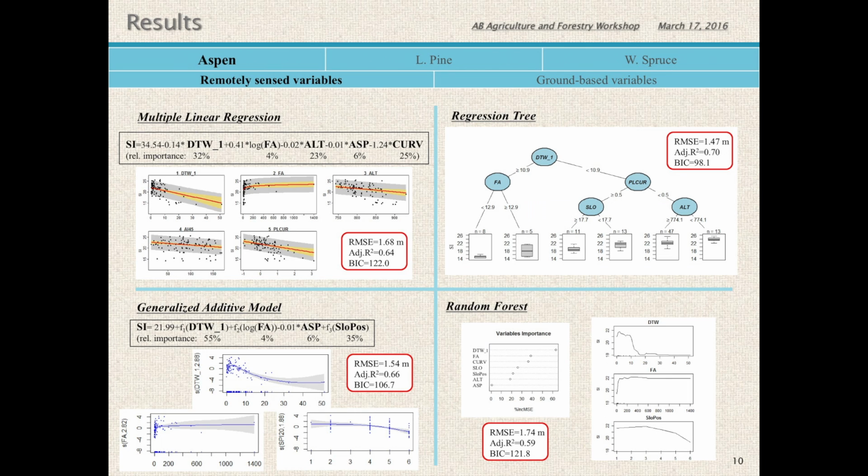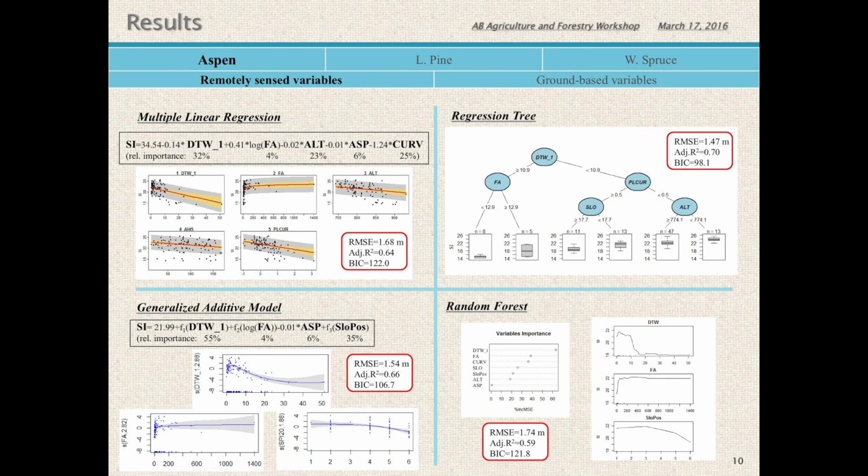And the first split in the decision tree, which by this method is the most important split that explained the largest amount of variation, is depth to water with a threshold value of 10.9 meters. With other splits it just distinguishes the sites, and here on the y-axis is the site index.